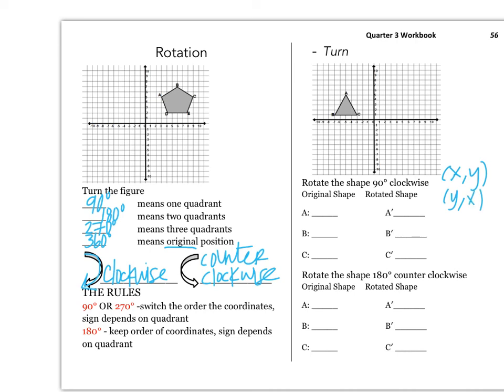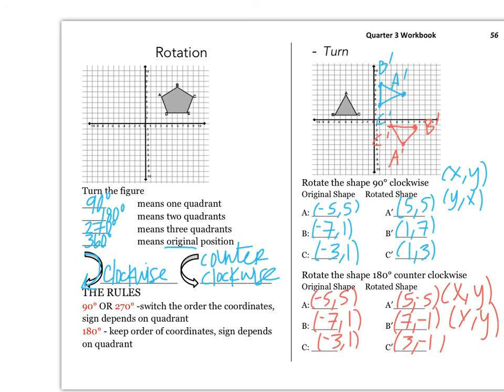Then 180 counterclockwise. So that's going to put you, 90, 180, in quadrant 2. But again, 180 is always diagonal. So for 180 and 360, XY stays the same. So give it a try and then check yourself with me.